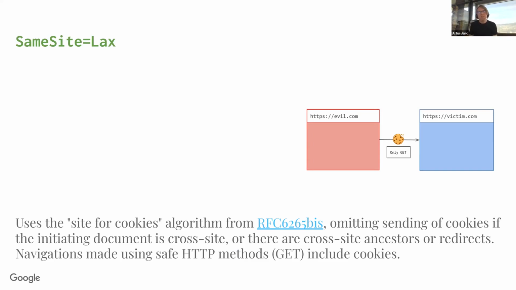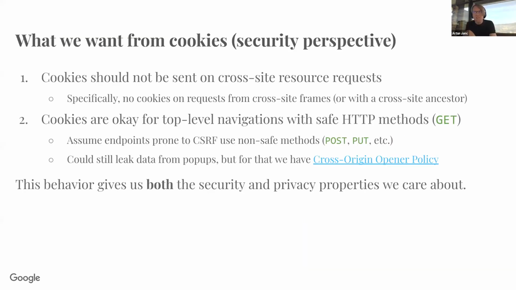So to boil it down to the core question, what do we want in the platform, right? From a security perspective, how should cookies behave in order to create a robust boundary in the platform that protects all web applications from cross-site request forgery and similar vulnerabilities? So first of all, cookies should not be sent on cross-site requests by default, either for sub-resource requests or for iframes.